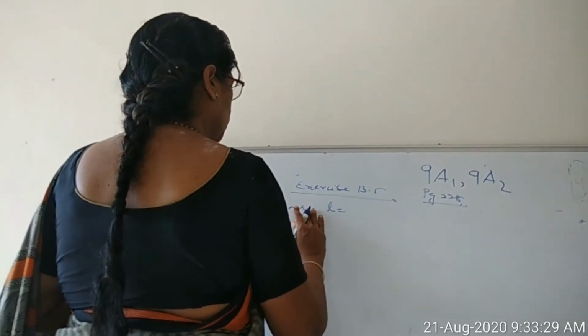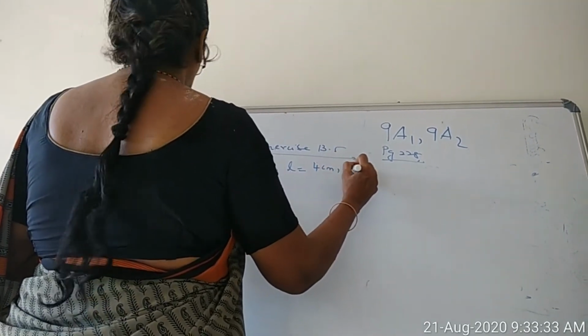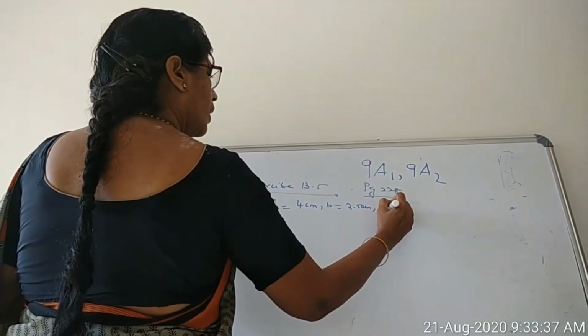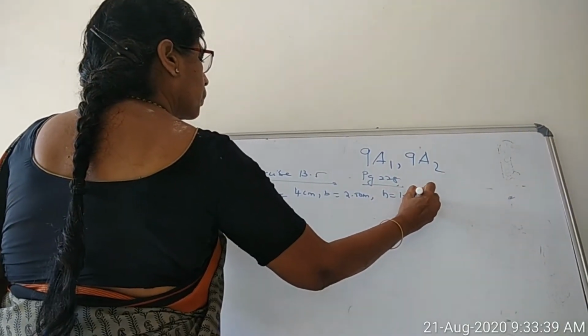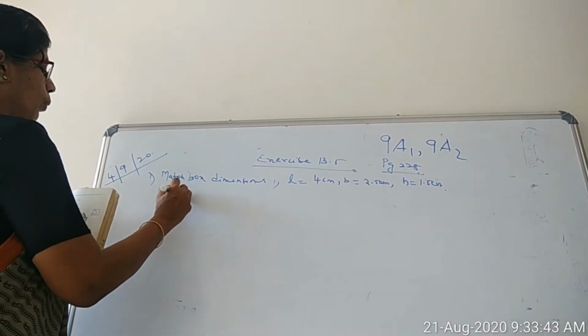Yes, matchbox dimensions is what? L is equal to how much? 4 centimeters. B is equal to 2.5 centimeters and H is equal to 1.5 centimeters. The packet contains how many boxes?